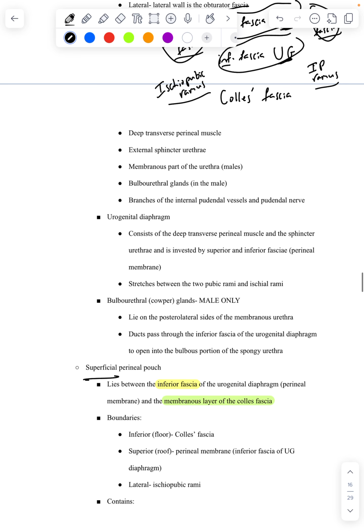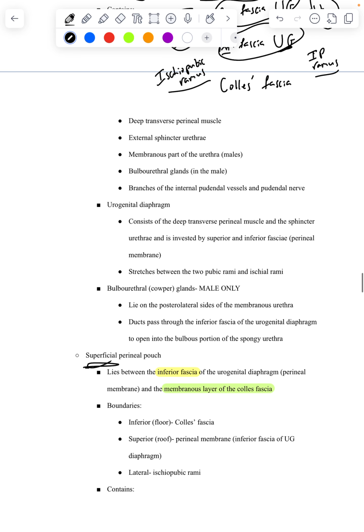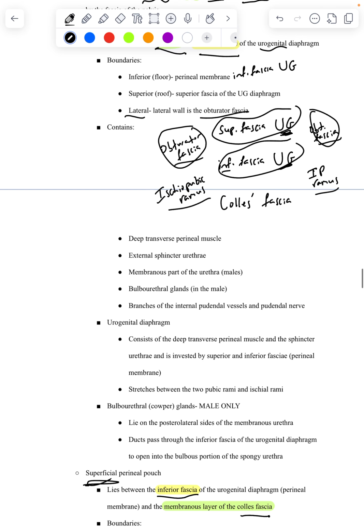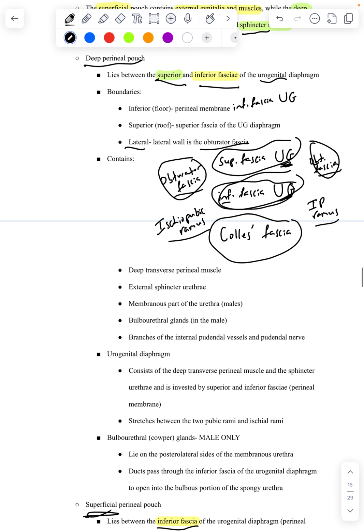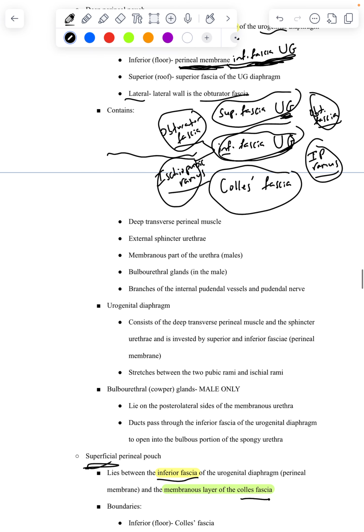Your superficial pouch would be between the inferior and Colles fascia, and your lateral is your ischiopubic rami. So what they share is this inferior fascia, in other words, the perineal membrane. This is what they both share. It is inferior to the deep perineal pouch, but superior to the superficial perineal pouch.